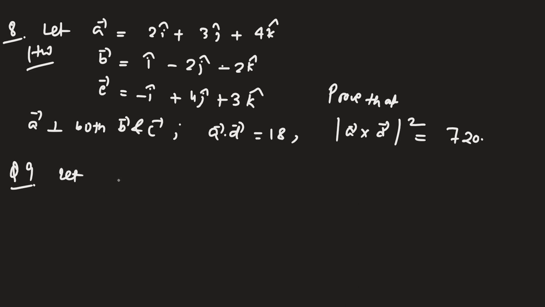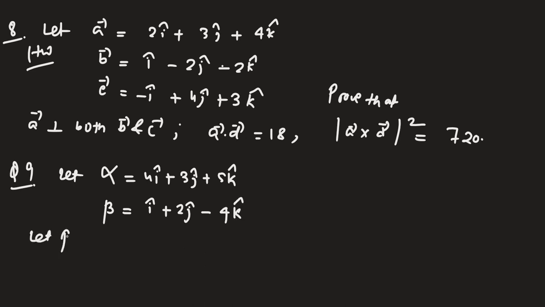Let alpha be equal to 4i plus 3j plus 5k. Beta is equal to i plus 2j minus 4k.